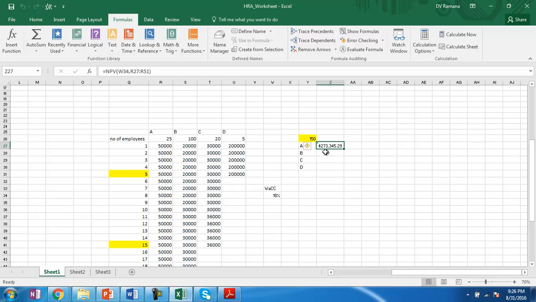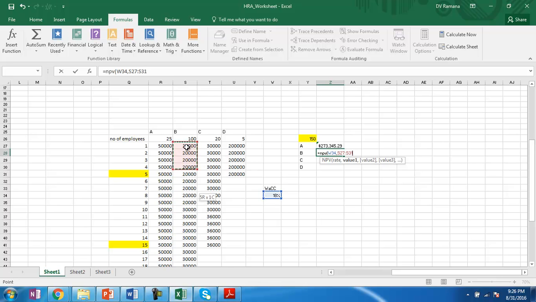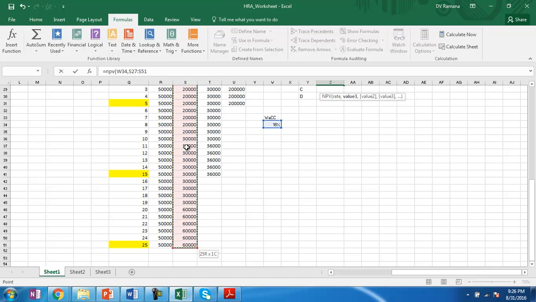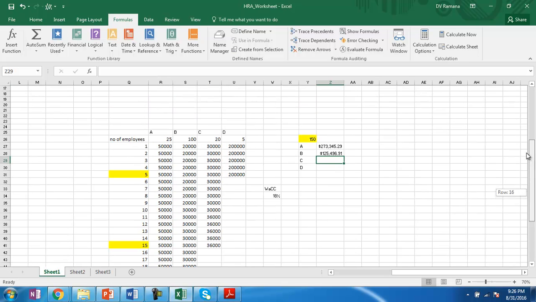In the same manner, we'll find the present value of the second category of employees using the same rate, and we get the present value of this group per person.